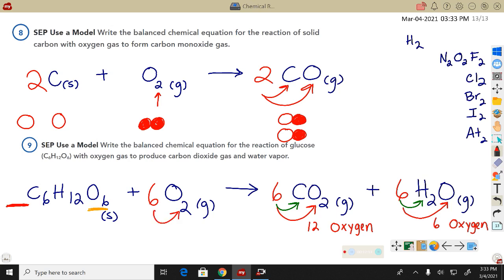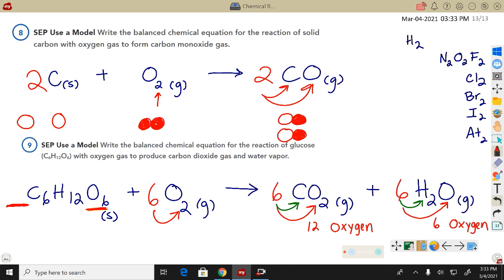Then that would give me 6 times 2 for 12. And I'm not screwing up anything else by putting the 6 in front of the O2. And then here's my other 6 for a total of 18. Yeah, that does work.